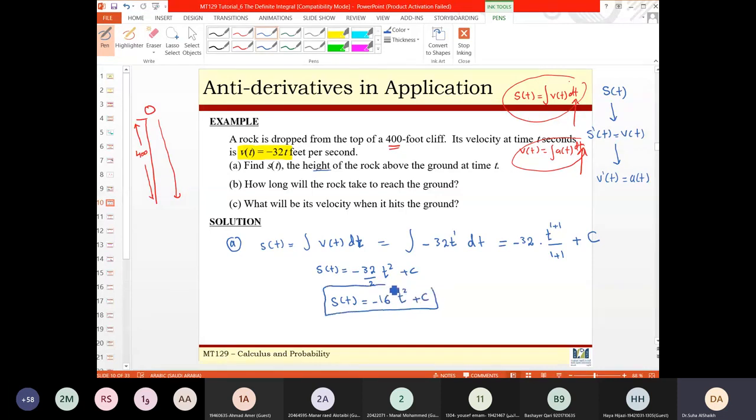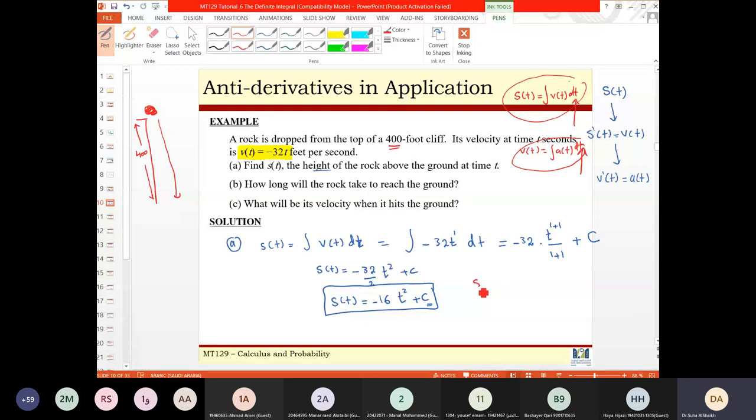Always, when we talk about a moving particle, we use t, time, as the variable. So I'm not done yet. I have to find the c, so I have to go back to the question. What's the question saying? It's saying the rock that I'm dropping is of height 400.